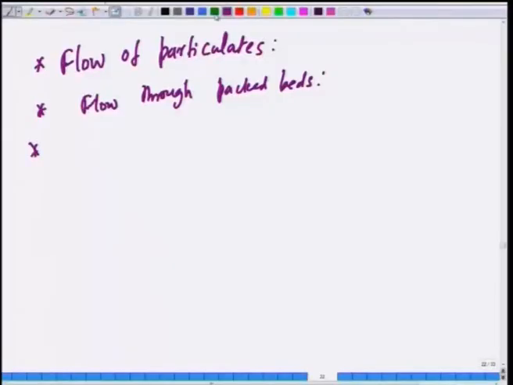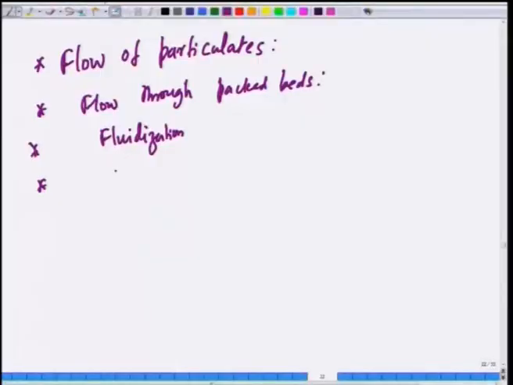Then we discussed fluidization, that is, when you have a bed of particles and we keep on increasing the flow rate. Initially the pressure drop will increase, but after a point when the drag force on the particles overcomes the weight of the bed, then the whole bed will be suspended and these particles will start moving, they will not be stationary anymore, and that state is called a fluidized state, which is often used in many chemical engineering reactors, fluidized bed catalyst reactors, fluidized catalytic crackers and so on.